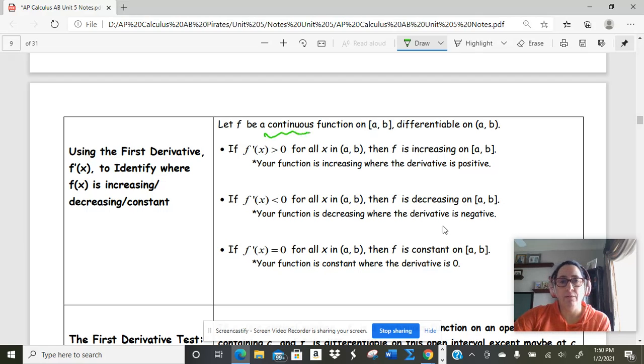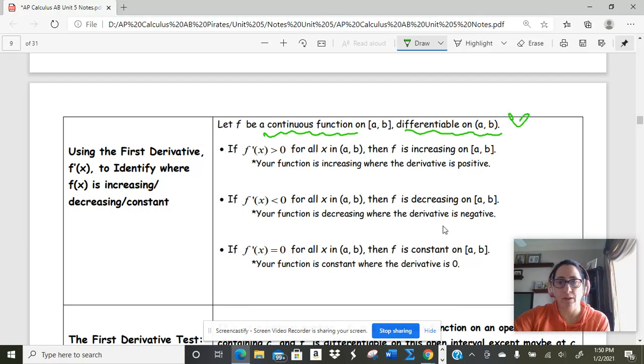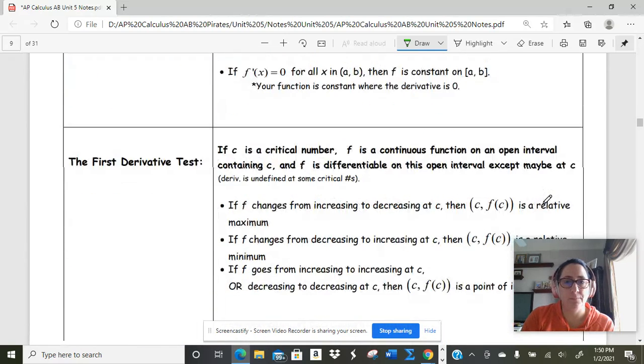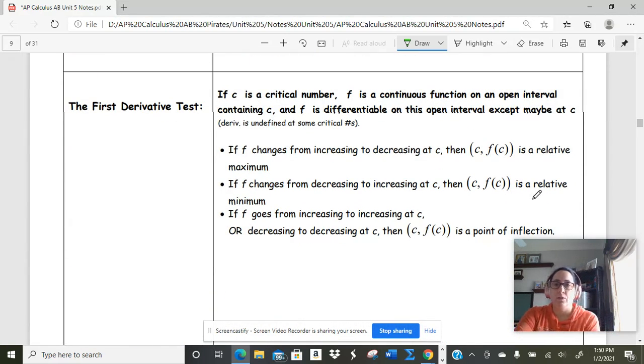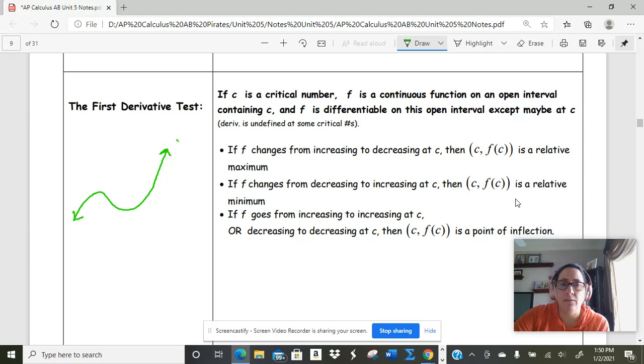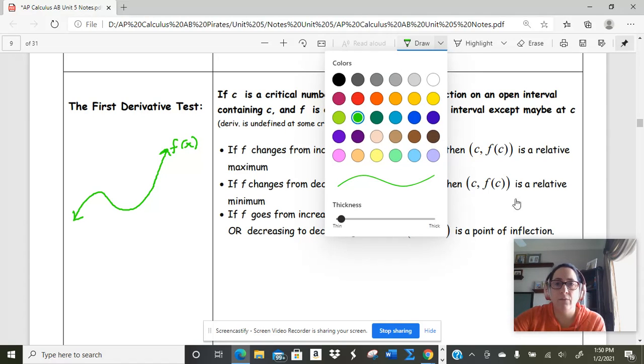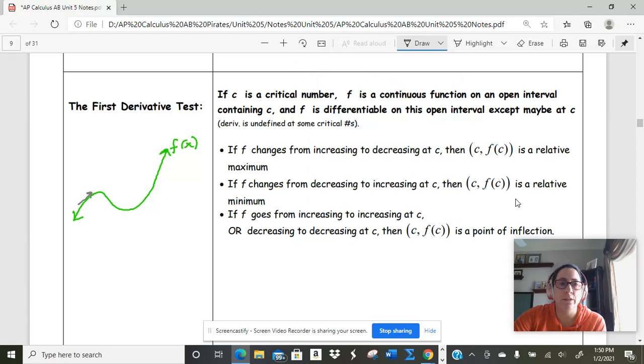Now, we have to have a continuous and differentiable function. We know we love our conditions in order for this to work. Okay, so let's talk about the first derivative test. So if I have this continuous interval, okay, that is differentiable, and let's say that f of x goes from increasing to decreasing, then what do I know that point right there is?